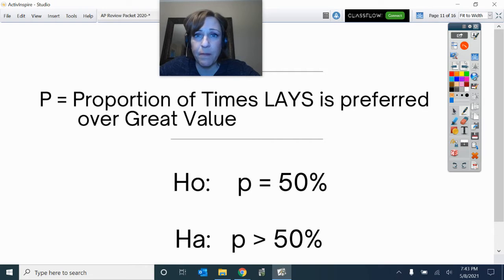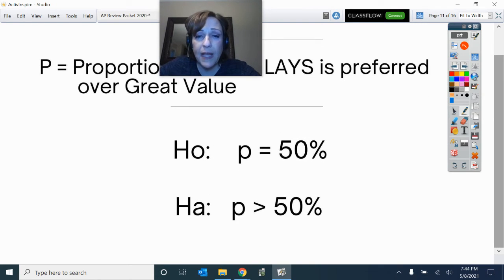But here is the very minimum. You should start off with the things that are in that hypothesis test. Define the parameter, and I was able to type it up: P equals the proportion of times the Lay's is preferred over Great Value. The null hypothesis is that P is 50%, HA: P is greater than 50%.